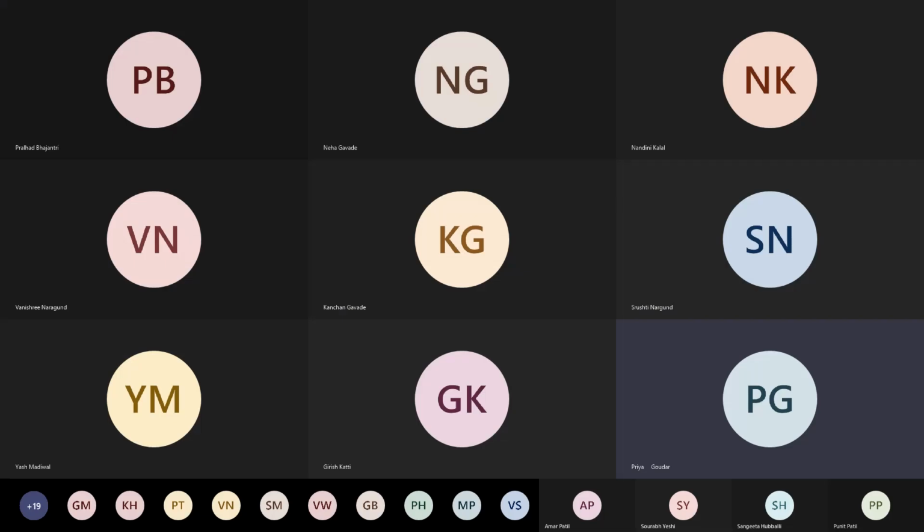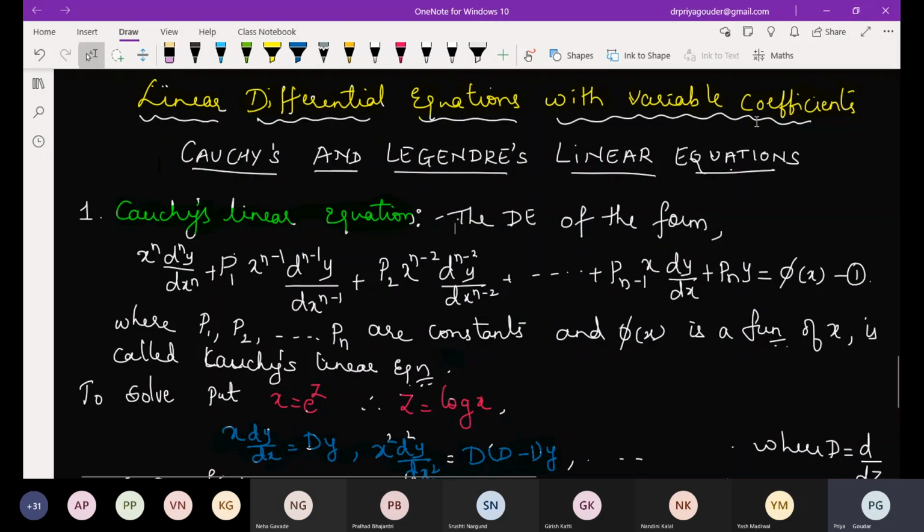We have a linear differential equation with variable coefficients. Till now what we have taken is linear differential equation, no doubt homogeneous, non-homogeneous, but how were the coefficients? For example, take d square y by dx square plus 4 dy by dx plus 4y is equal to some phi of x.